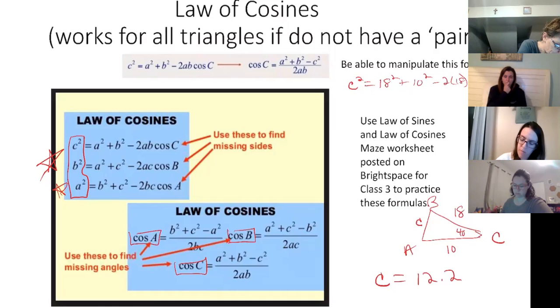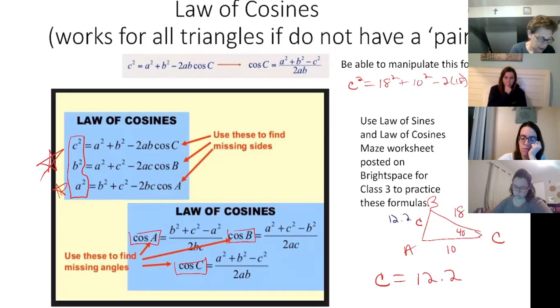So this is now, we'll change color. This is 12.2 that I got by doing law of cosines. So then you can find one of the angles. I need to find one more angle. Once I find the angle, then I can just do subtraction and find the missing angle. So what if I want to find angle B?